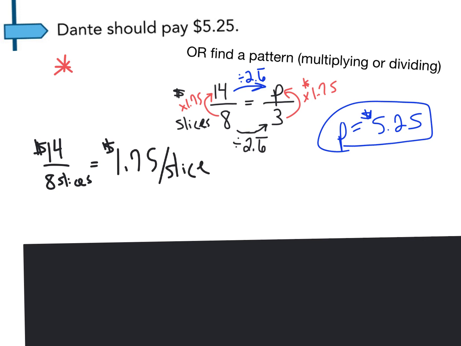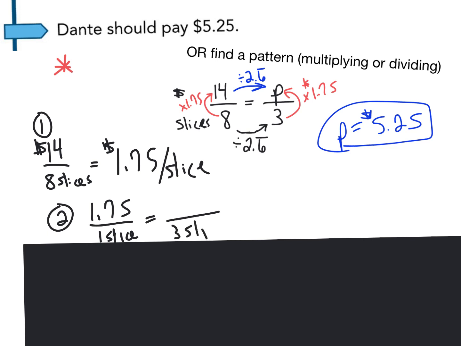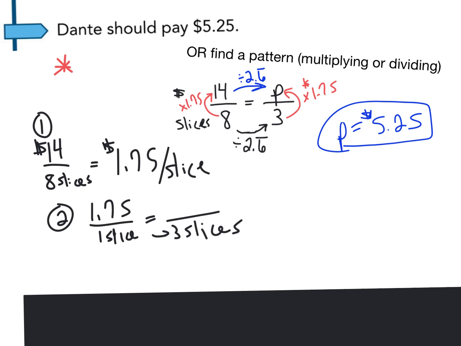And then if you're doing 3 slices, $1.75 for 1 slice, then for 3 slices would be 3 times that amount. Which would also be $5.25. So there's really a lot of different ways that you could do this.